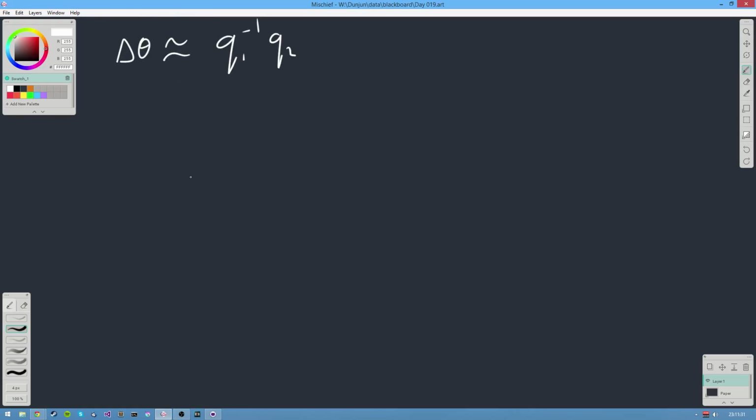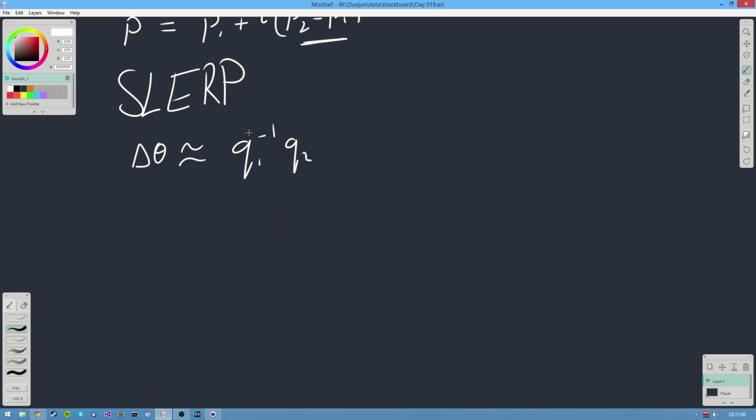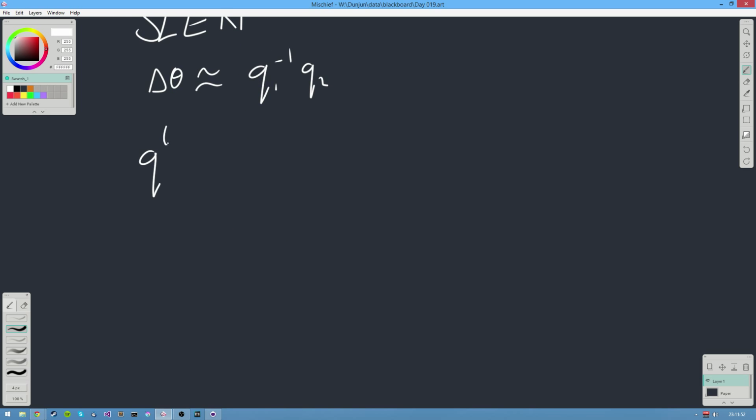Before we can do that, we need to figure out what this fractional part is. We've got the difference, now we need the fractional part t. To do that, we raise this quaternion to a power from 0 to 1, so q to the t, where t is between 0 and 1.